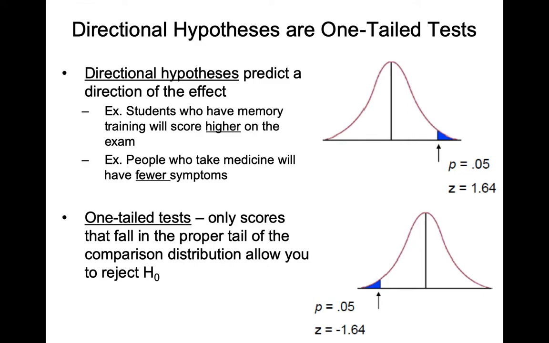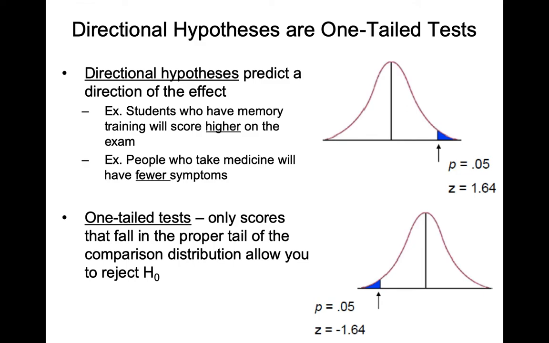So for example, students who have memory training will score higher on the exam. Another example would be that people who take medicine will have fewer symptoms than people that don't. Okay, on average, in mental parentheses, I want you to just insert "on average." I try to include it, sometimes I don't.